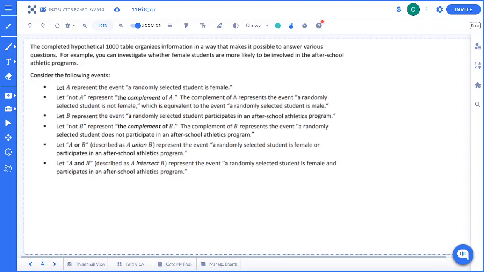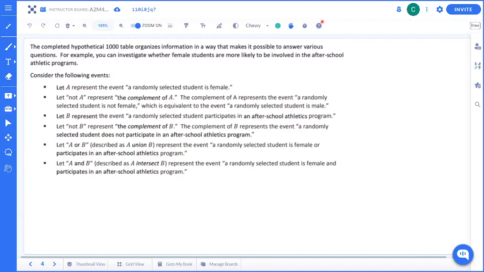Let A represent the event that a randomly selected student is a female. So let not A, or the complement of A, the opposite of A, represent a randomly selected student that is not female. Or that would be the same thing as a randomly selected student is male, right?